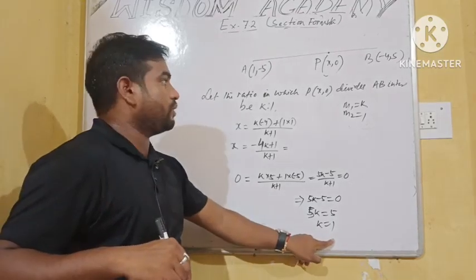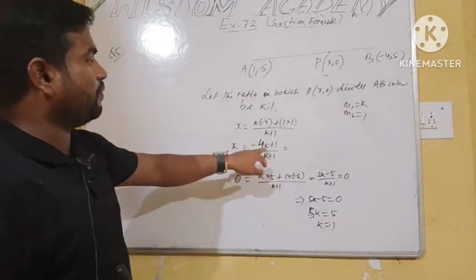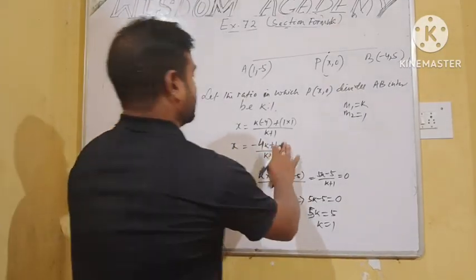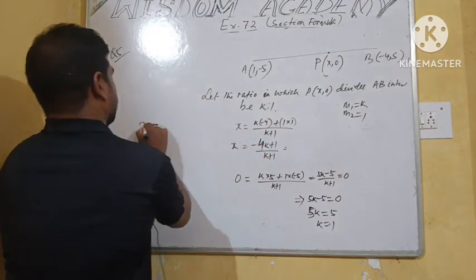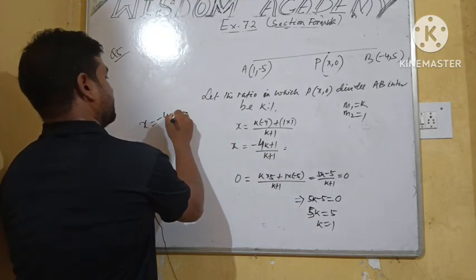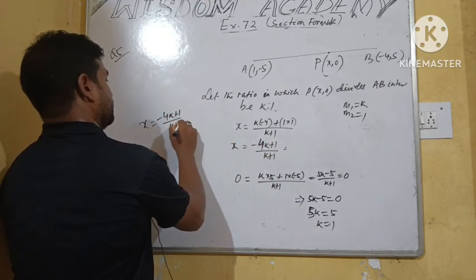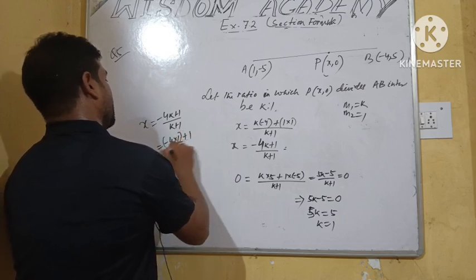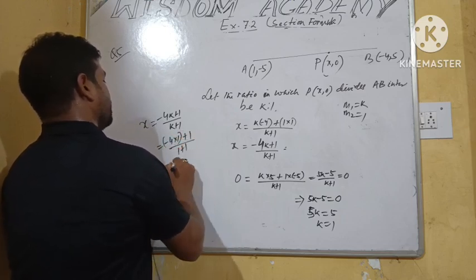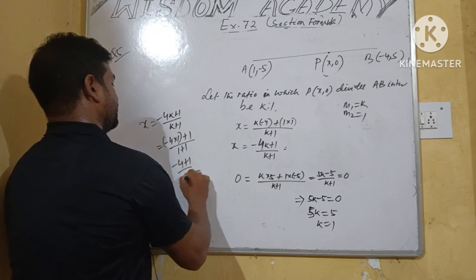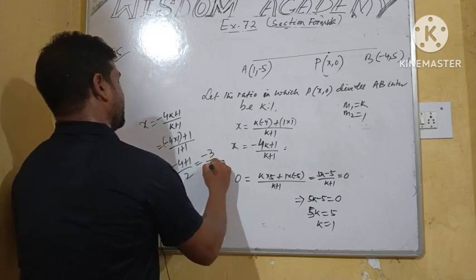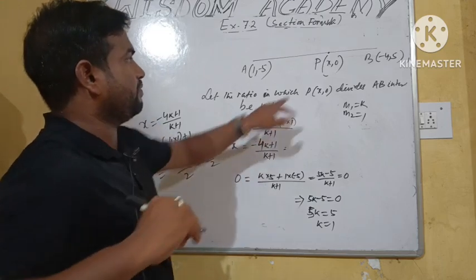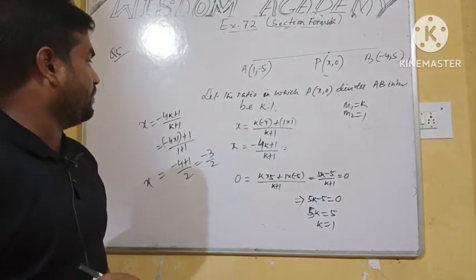The value of k is 1. So putting the value of k in this equation, x equals (-4k plus 1) by (k plus 1). Then (-4 into 1 plus 1) by (1 plus 1), which is (-4 plus 1) by 2, minus 3 by 2. So the coordinate of x is minus 3 by 2.